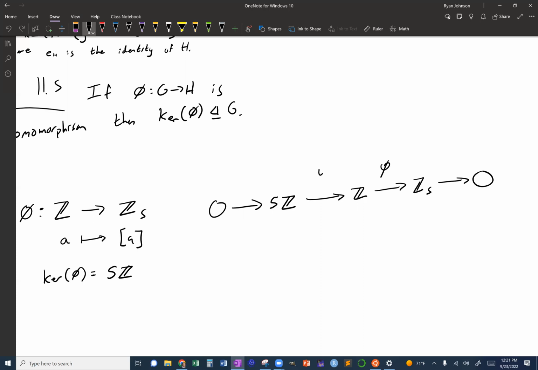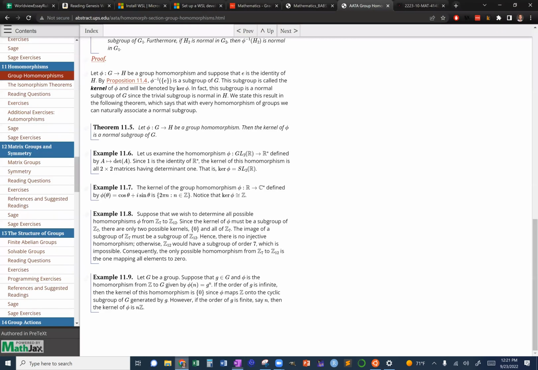This is a fancy way of saying you can write any integer as a multiple of 5 plus a remainder. Okay. All right. That's off topic. I'll get back on topic. That about covers it.